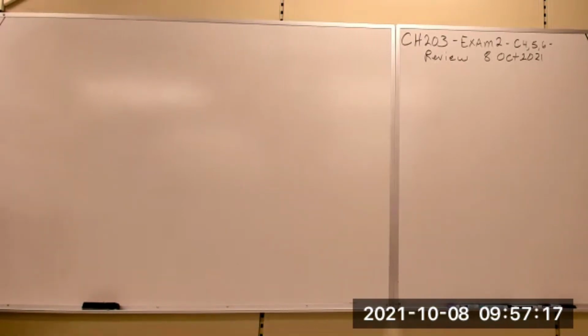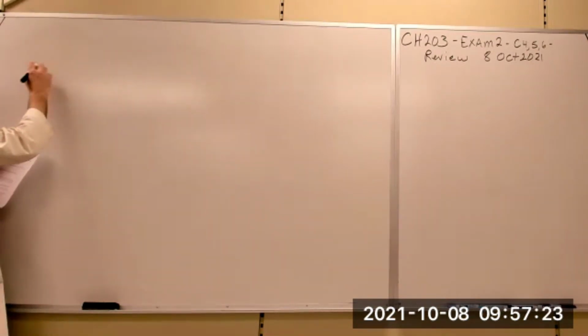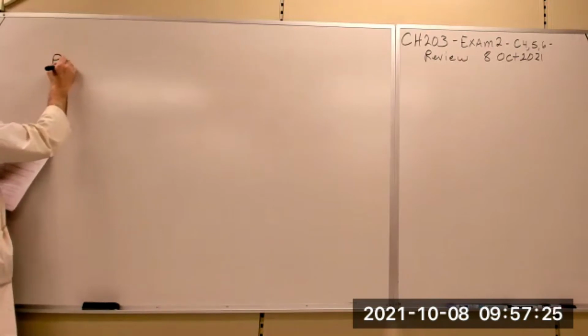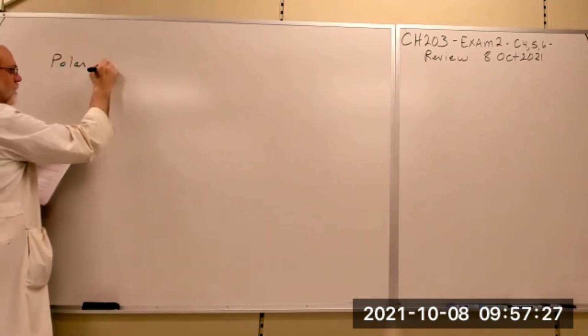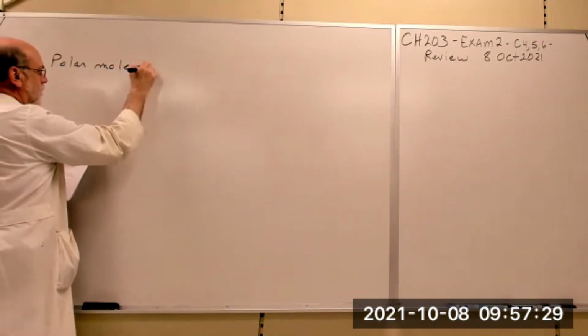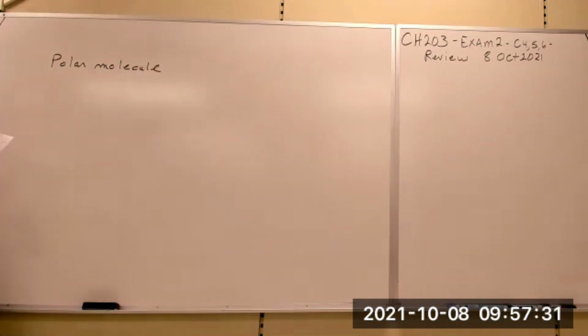All right, instead of working a problem, let's just look at polar molecules. Maybe we'll come up with some examples. What are the conditions? What do we mean by polar molecule anyway? Well, first of all, is a polar molecule ionic or covalent?